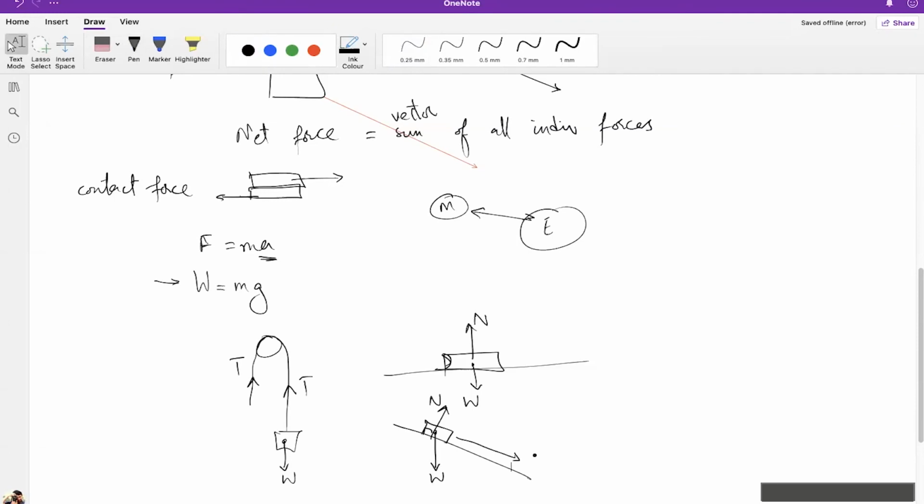So that's an important idea to remember. The normal reaction is always perpendicular to the surface. And if it is not providing enough force, weight will push things down the slope. That is why when you put things on a slope and you increase the angle of the slope, they start to come down.